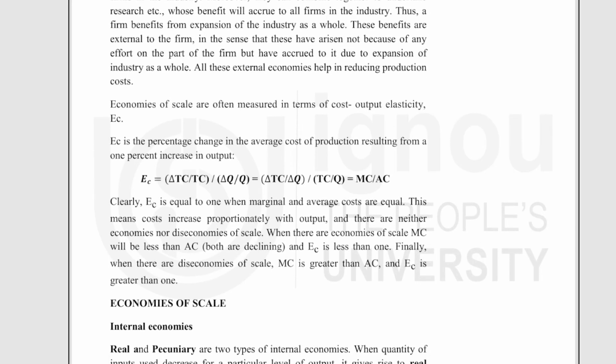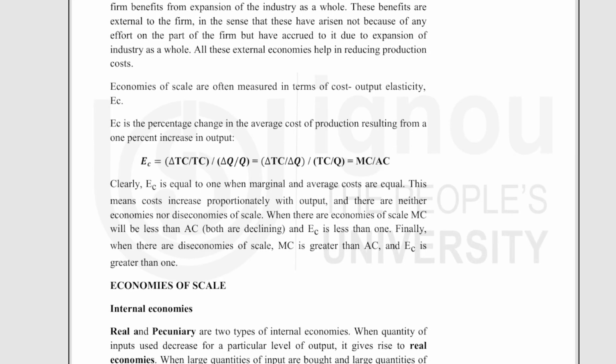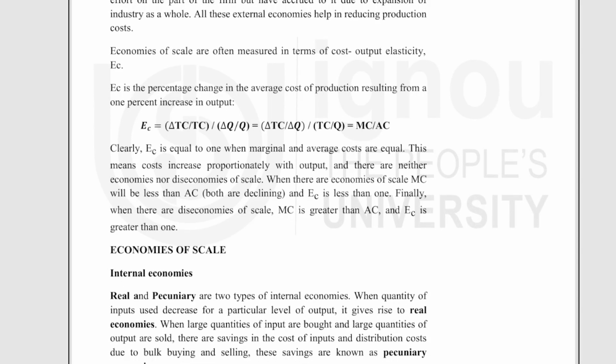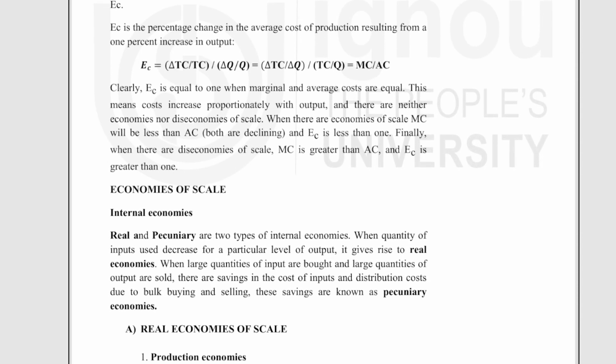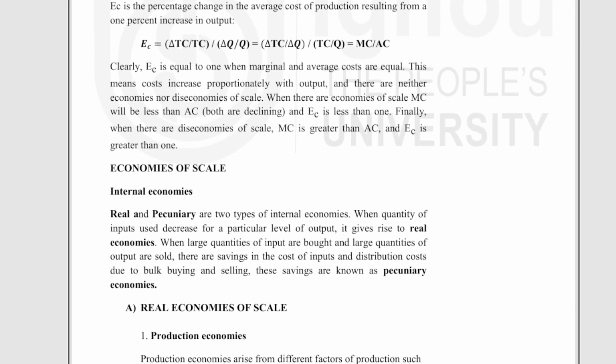All these external economies help in reducing production cost. Economies of scale are often measured in terms of cost output elasticity, EC, which is the percentage change in the average cost of production resulting from a 1% increase in output. EC is equal to 1 when marginal and average costs are equal.